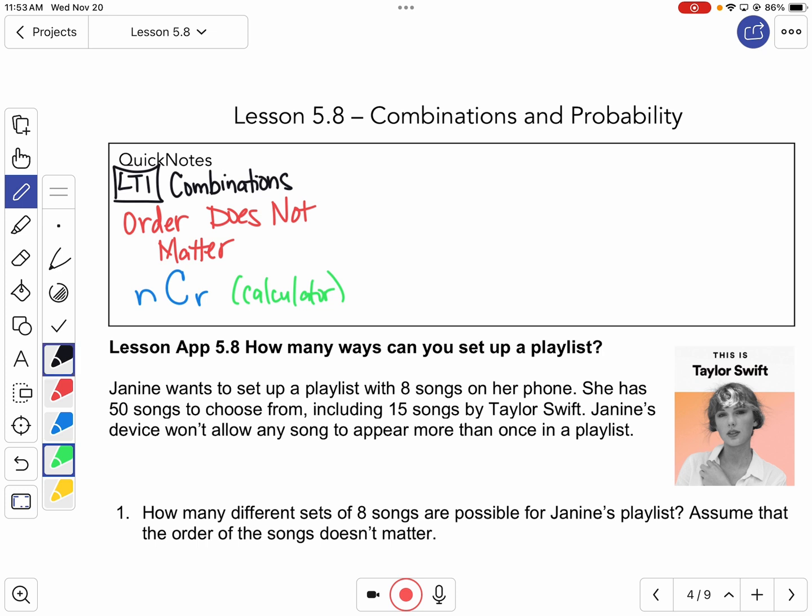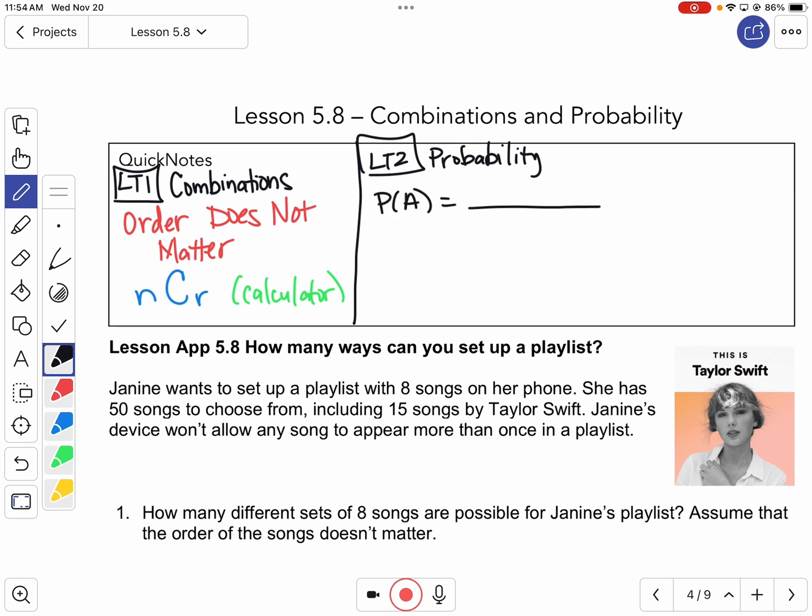Now, I want to talk about the probability piece. I think once we do some of this probability, it'll make more sense than what I'm about to show you. So it's going to be the probability of an event.